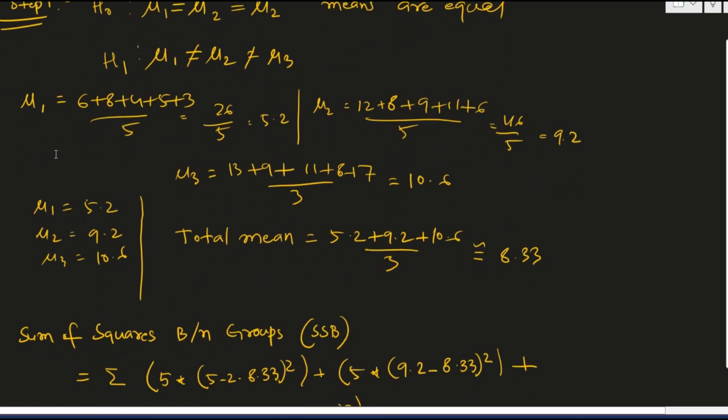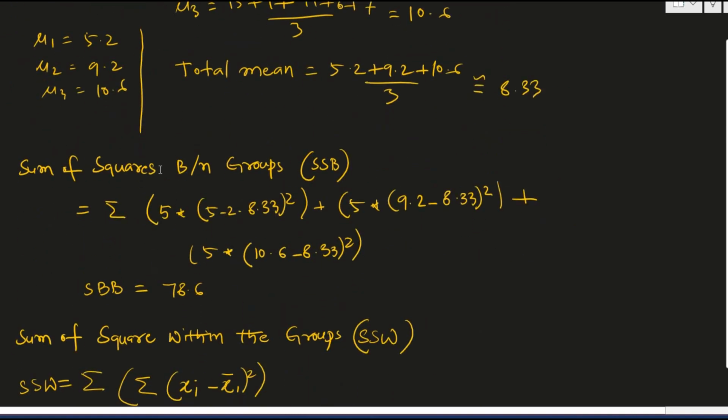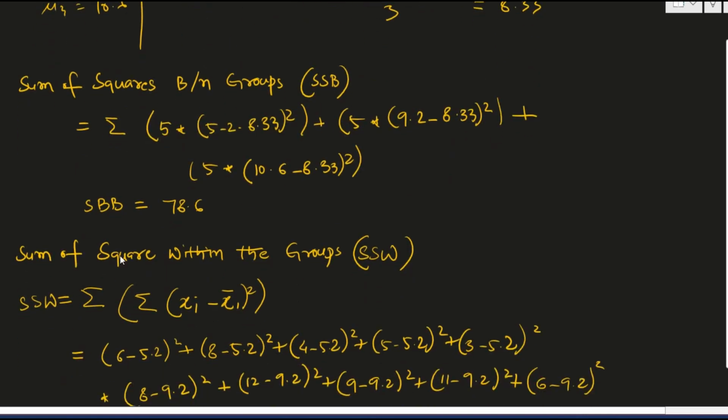Then we have to find the mean of each individual group. So we calculated the mean of each group, and then we found the sum of squares between the group and the sum of squares within the group.